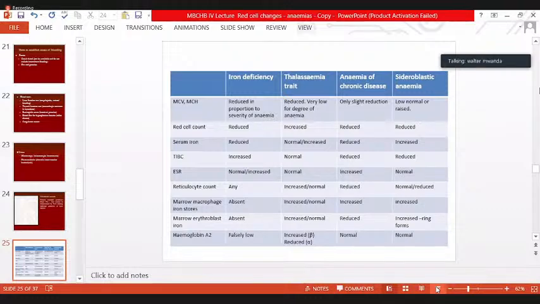Staining for sideroblasts in the bone marrow, occasionally in the peripheral blood. Staining for sideroblasts is an important study, and that is the more reason why we need to do bone marrow, particularly when we are thinking of sideroblastic anemia.